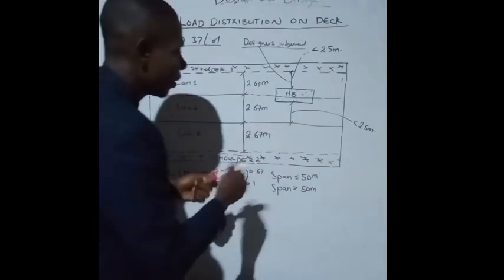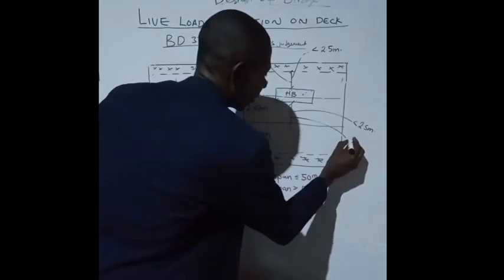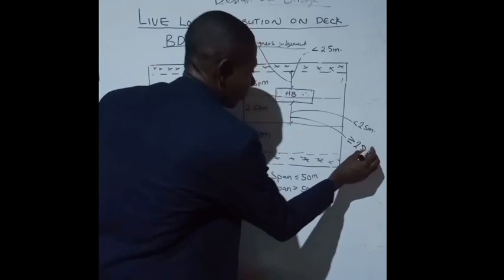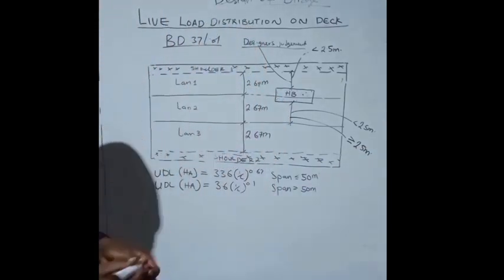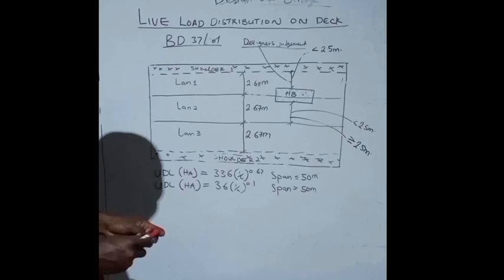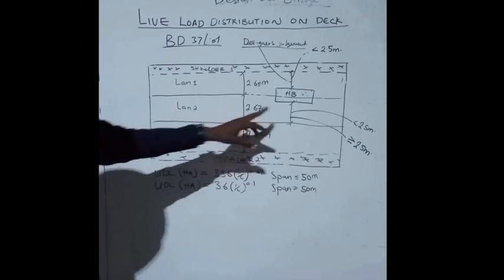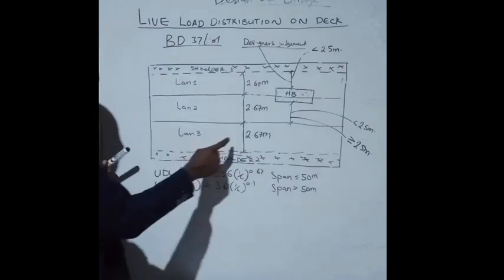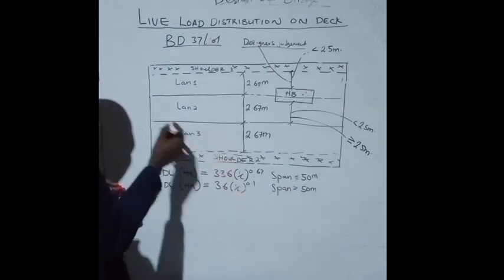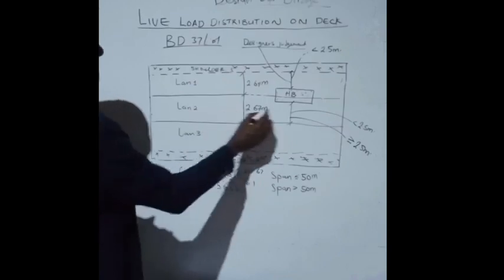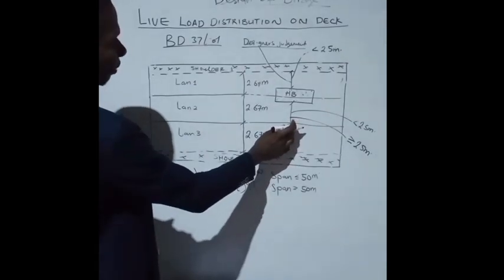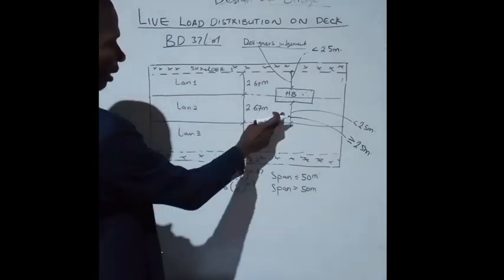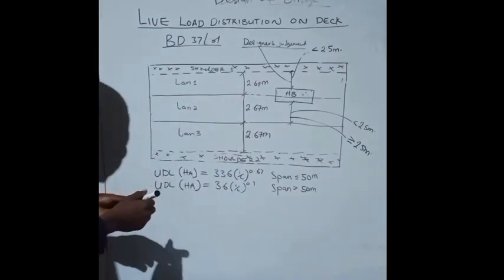If this becomes greater or equal to 2.5 meters, it is a different scenario altogether. So now, if we have this lesser than 2.5, of course, like I said, it means that our HA load is going to be extending to this point, whatever it is. It may be more than 2.67, but it's going to be extending towards this direction.